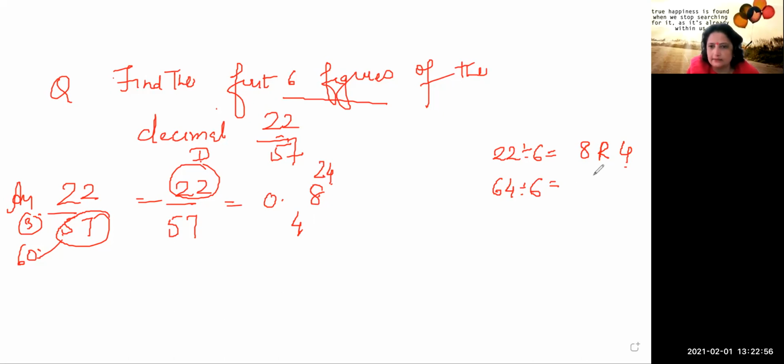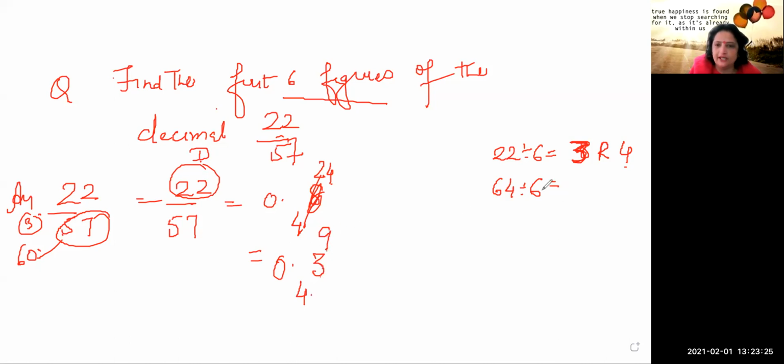मैम 8 वहां पर 3 नहीं आएगा 8 की जगह? कहाँ बेटा? मैम 3 Sorry. 6 3s are 18 and 4 रिमाइंडर, right? Yes, 3 आएगा, right. So I'm doing again. This is 0.3. ठीक है. अब रिमाइंडर कितना है? 4. ठीक है. 3 3s are 9.